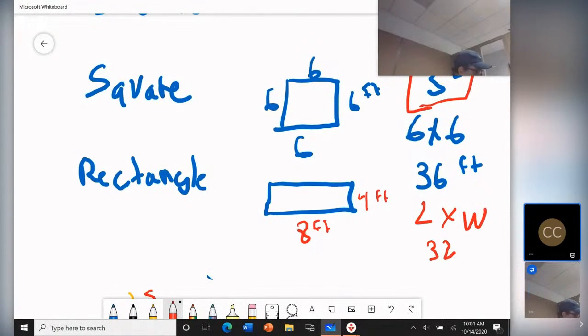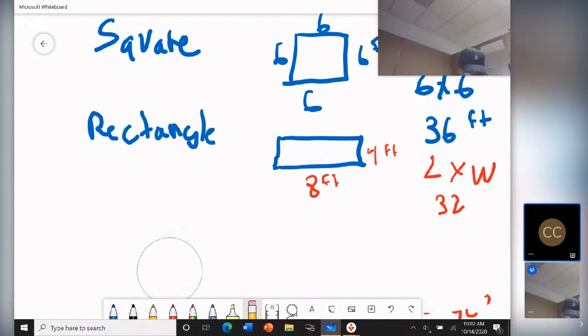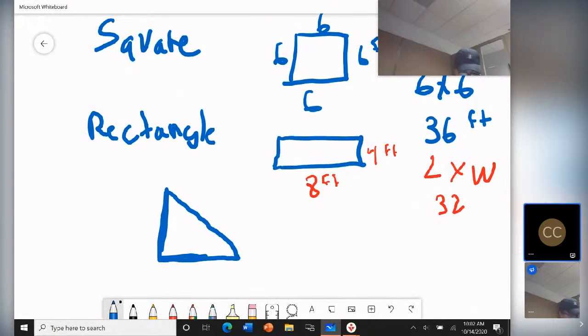Next one I want to do is a triangle. The formula for the triangle is 1/2 of the base times the height.